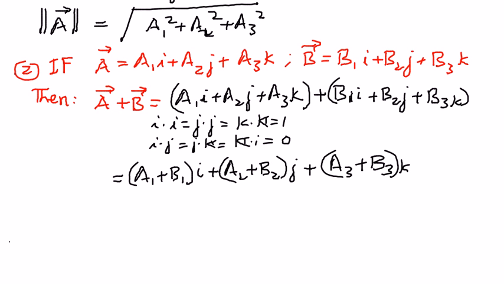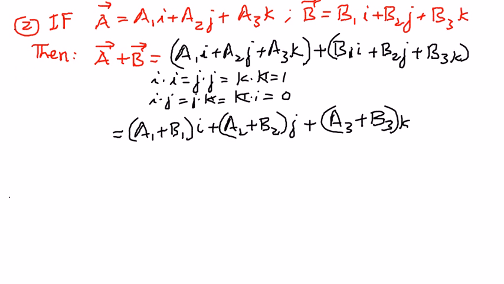Okay, and the next property we want to talk about is this. If A is a vector which has a1i, a2j, and a3k, and if B is another vector, b1i, b2j, and b3k, then we can find the difference of 2 vectors. The way to do that is as follows.